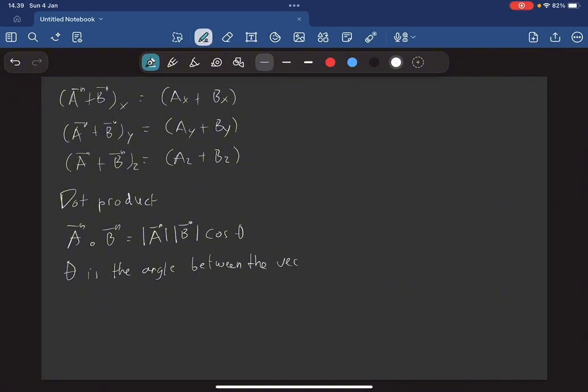In ordinary language, the dot product is the product of the magnitudes of the two vectors and the cosine of the angle between them. The dot product can also be defined in terms of components in the form like this. This makes it easy to compute dot products given the components of the vectors.